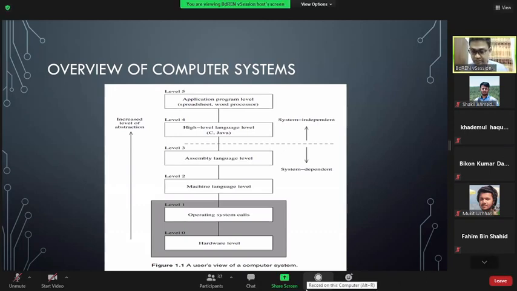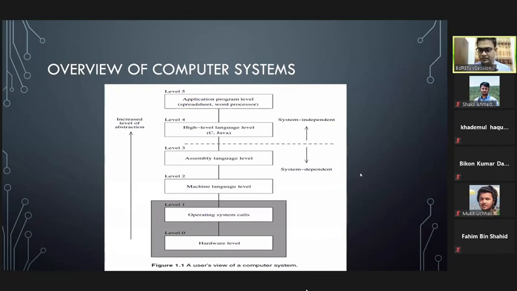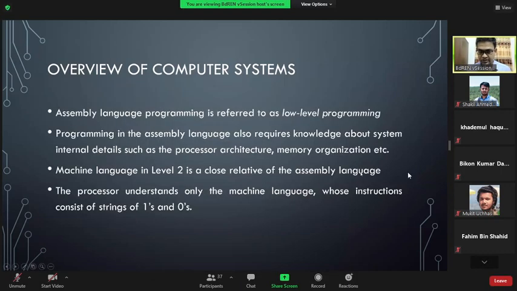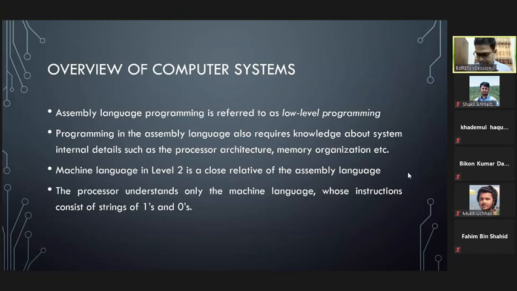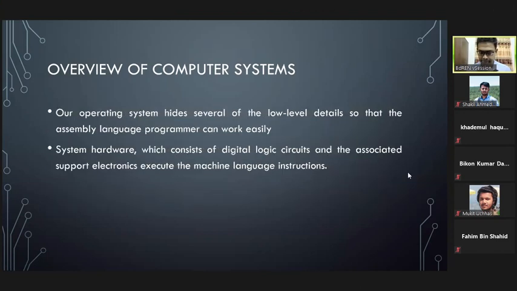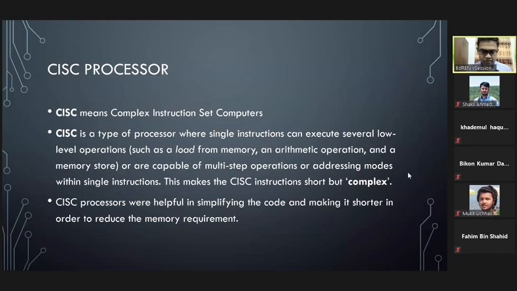So let's go to the next topic. If you remember, I told you in the first class that in this course we are going to discuss two different types of processor. One is the CISC processor, which you can see written here.